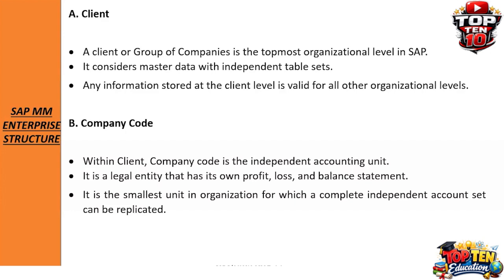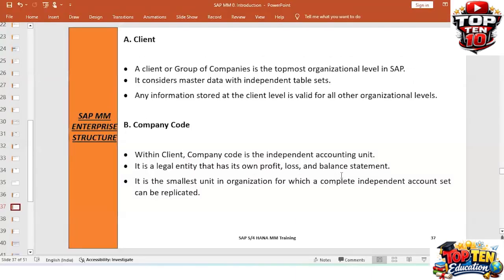It is the smallest unit in one organization for which a complete, independent set of accounts can be replicated. So there are three things we are discussing on this page: one is the client, second is the company, third is the company code.